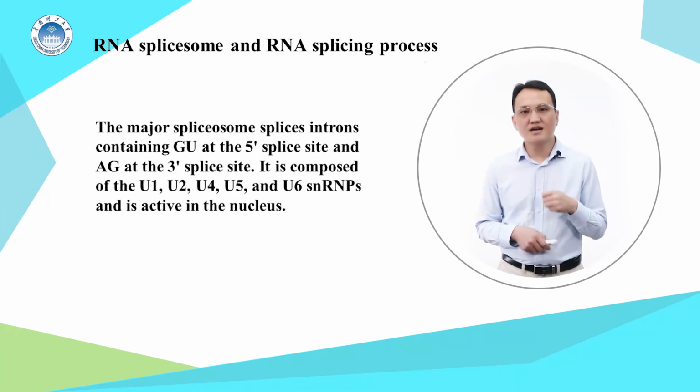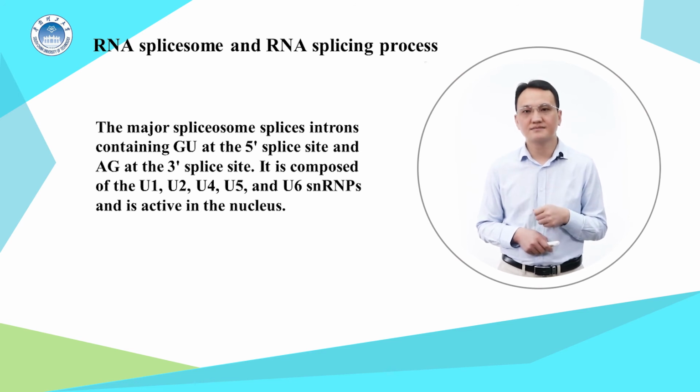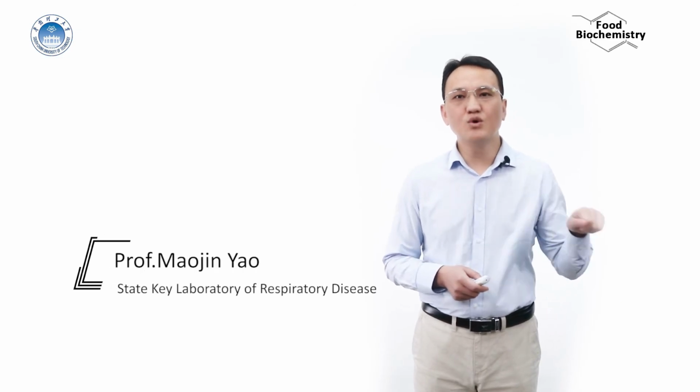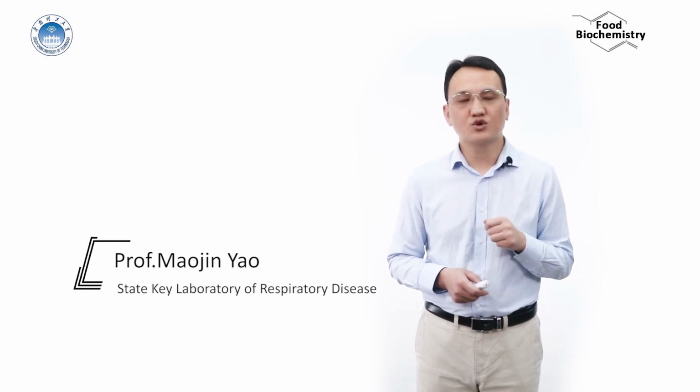The major spliceosome splices the introns containing GU at the 5' splice site and AG at the 3' splice site. It is composed of the U1, U2, U4, U5, and U6 snRNAs, and it is active in the nucleus. In most cases, the splicing removes the intron as a single unit from the precursor mRNA transcript.